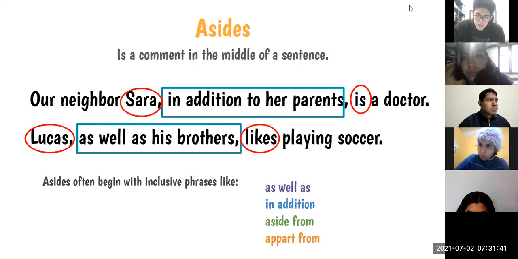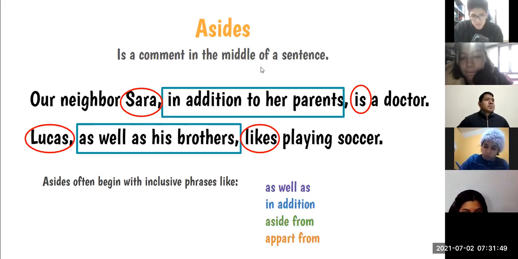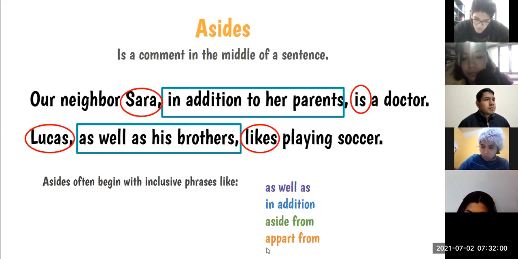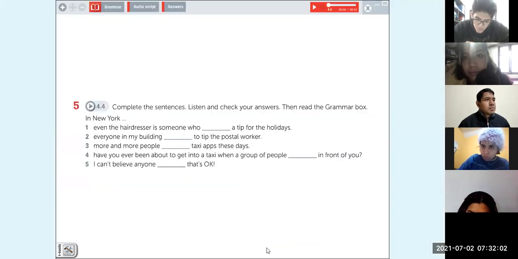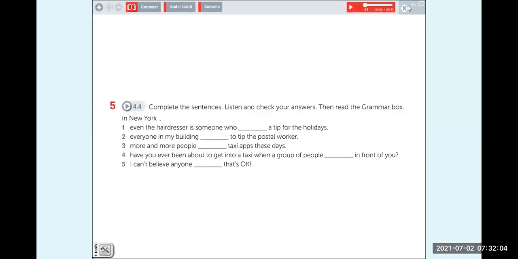We use countable nouns with plural and singular verbs, and uncountable with just singular verbs, right? And then we have the asides, where the verb needs to agree with the subject of the sentence. Very good. So let's do some exercises here in your book to practice.